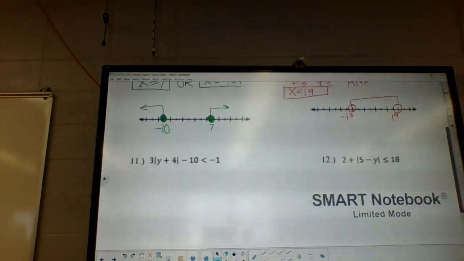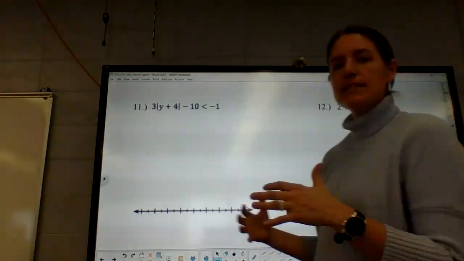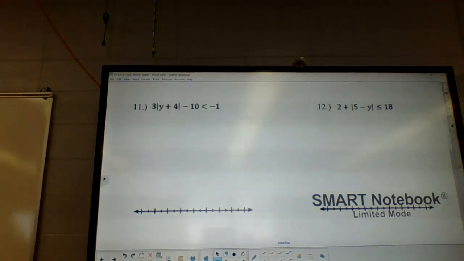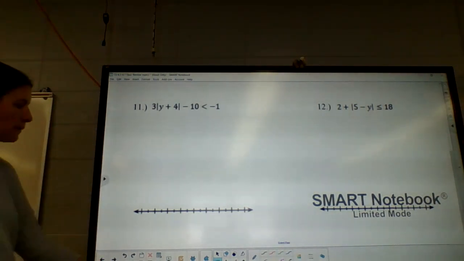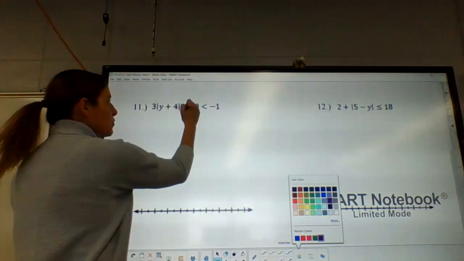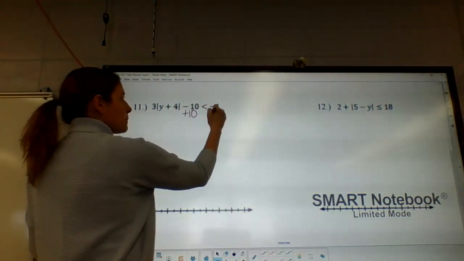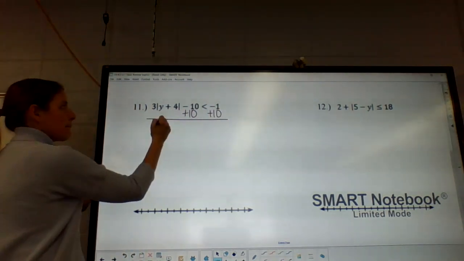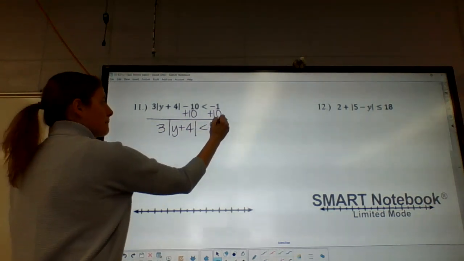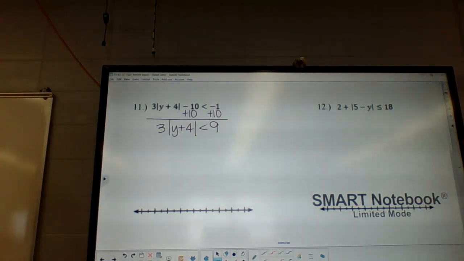For these last couple here, we have to isolate the absolute value first before we do our two equations. So before you set up the two equations, we have to first move this 10 over. And then we're going to divide by 3.